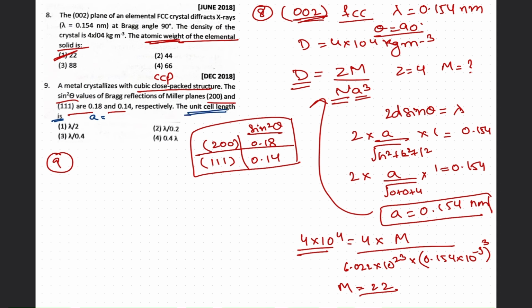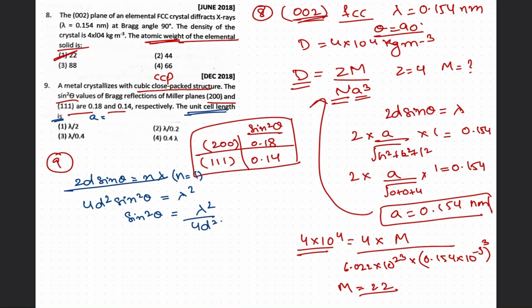See, we know that 2d sine theta is equal to n lambda. Okay, n we will take 1. So when we do its square, it will be 4d square sine square theta equals lambda square, right? So sine square theta will be lambda square upon 4d square. Now if we put the value of d, we'll get lambda square upon 4a square into h square plus k square plus l square, right?